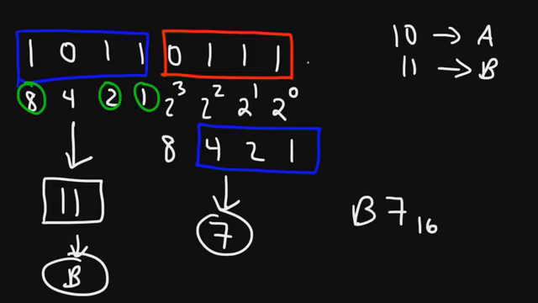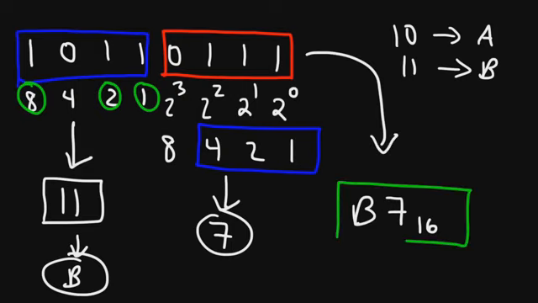So the binary number 10110111 correlates to this in the hexadecimal system. And so that's how you can convert a binary number into a hexadecimal number.